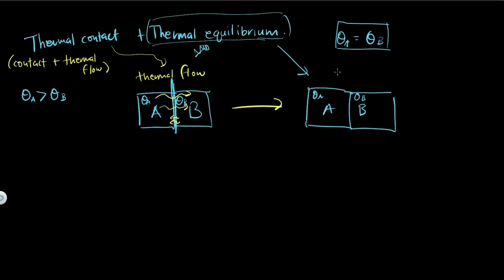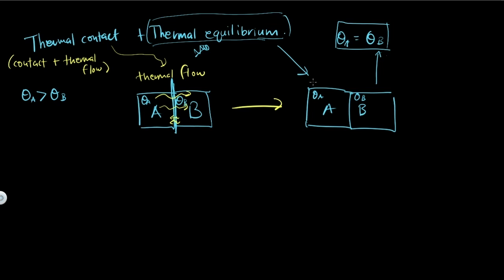Once they reach one common temperature, and they are still in contact, then we can say that A and B are in thermal equilibrium. So this is the condition: theta A must equal theta B.